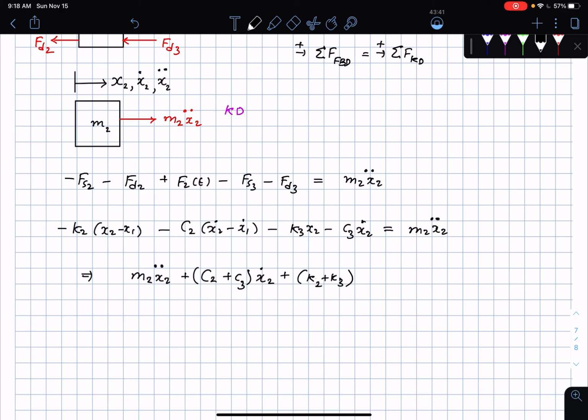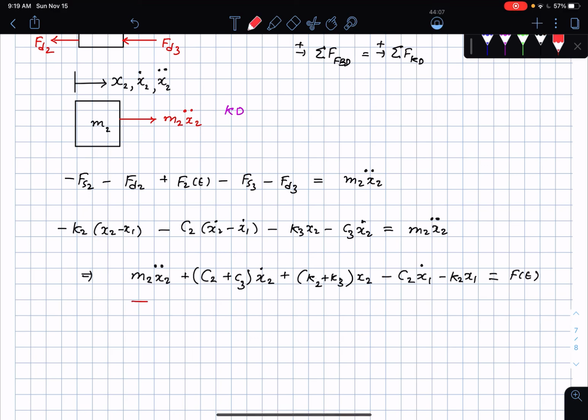Okay, k2 plus k3 times x2 minus c2 x1 dot minus k2 x1 is equal to m2 x2 double dot. You can immediately see that this is one way of writing, or I guess this is f of t, I'm sorry, on the other side. This is equal to f of t.